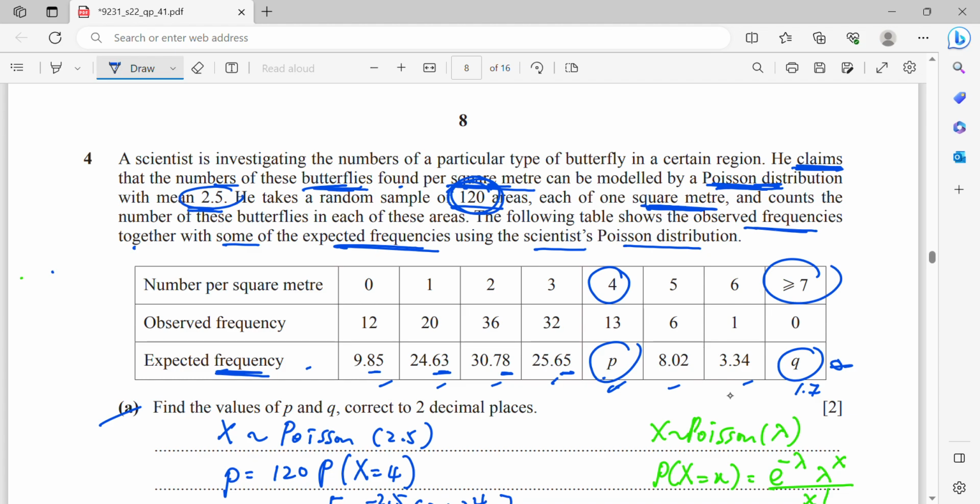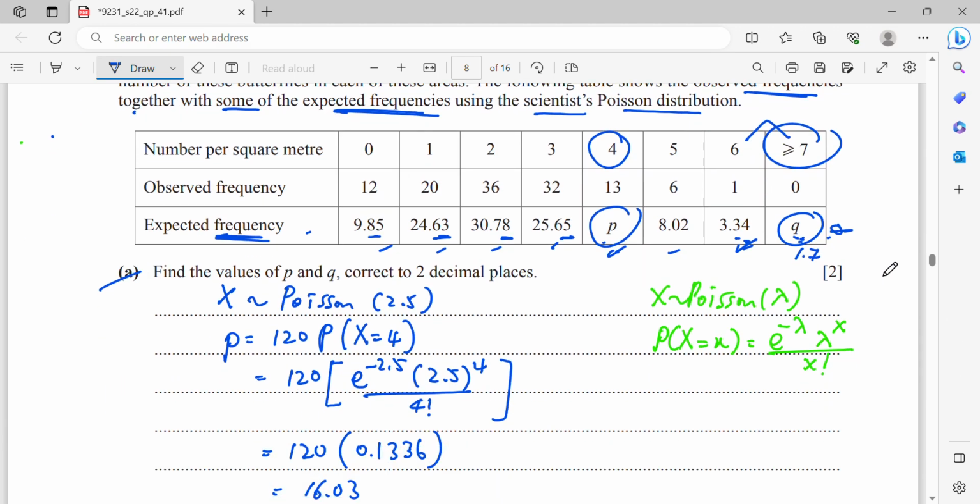The expected frequencies should be at least 5, otherwise you need to combine the cells. So 3.34 and 1.7, these two need to be combined together. It means that I have to redraw this table and copy it before we do the calculation.